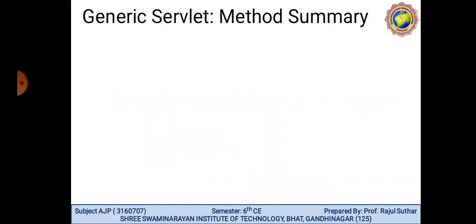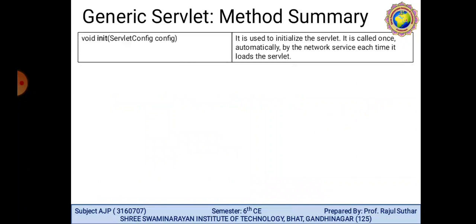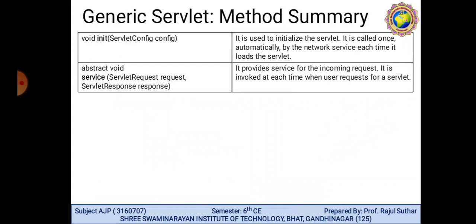In the generic servlet, we require one method like void init(ServletConfig config). It is used to initialize the servlet. It is called once automatically by the servlet container each time it loads the servlet. Second method is abstract void service(ServletRequest, ServletResponse).